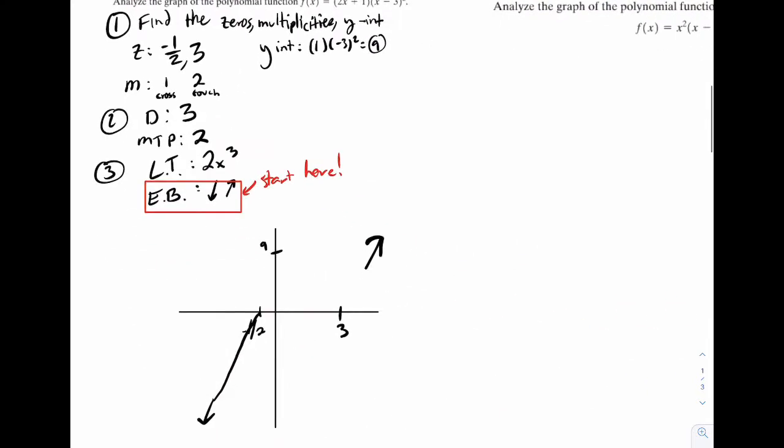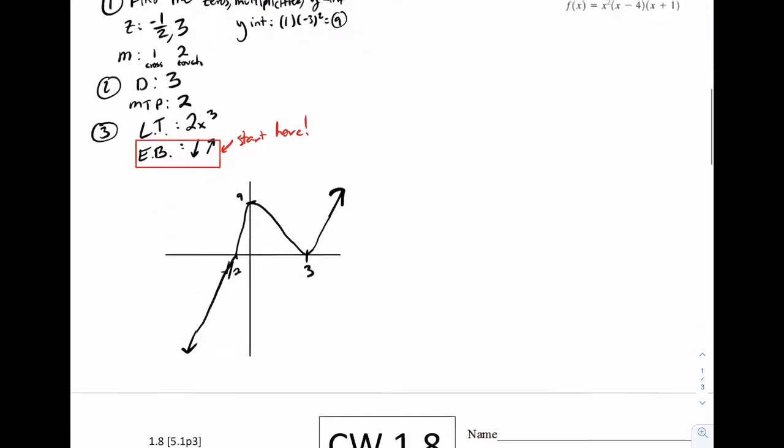So that means I'm going to cross through negative 1/2. And I'm going to hit 9. Try to make this a little bit cleaner. And then I have to approach 3. And notice how, again, this is 2. So we need to touch. So we're going to touch 3 and come back up. And right there is a rough sketch.